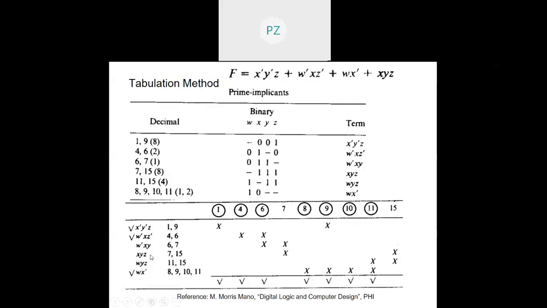So even if I don't include xyz, but I do include these two, I'll be able to cover all the min terms, although that will not be a minimal function, right? Because that will add up two product terms here. But if you exclude any one of them, then all min terms will not be covered.